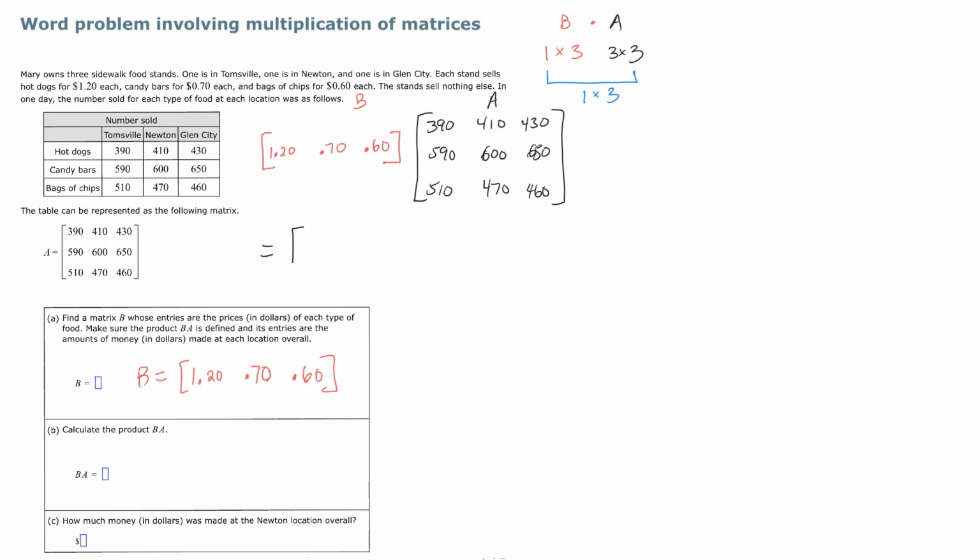For the first position, I got 1187. For the second position, got 1194. And for the third position, got 1247. And I'm going to just put a note outside here just to remind myself of the units. And that is, this is actually in dollars.